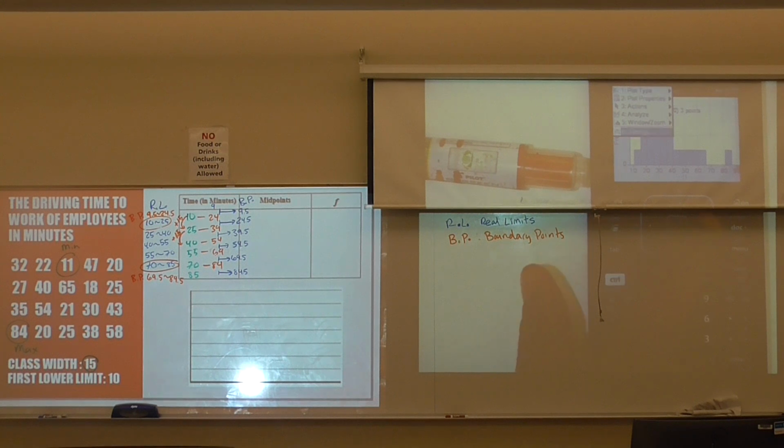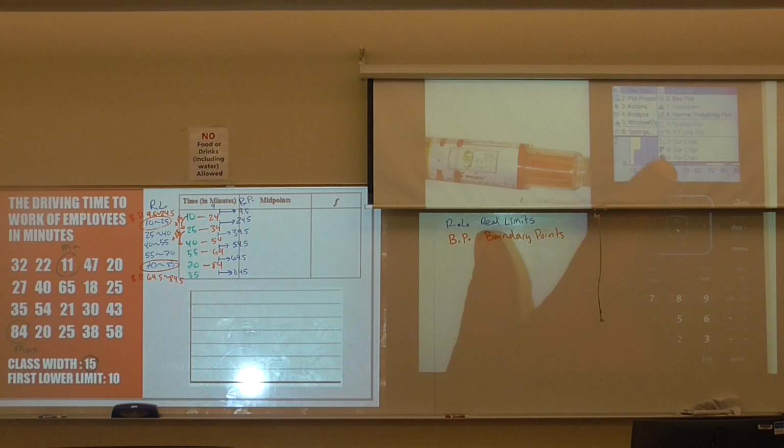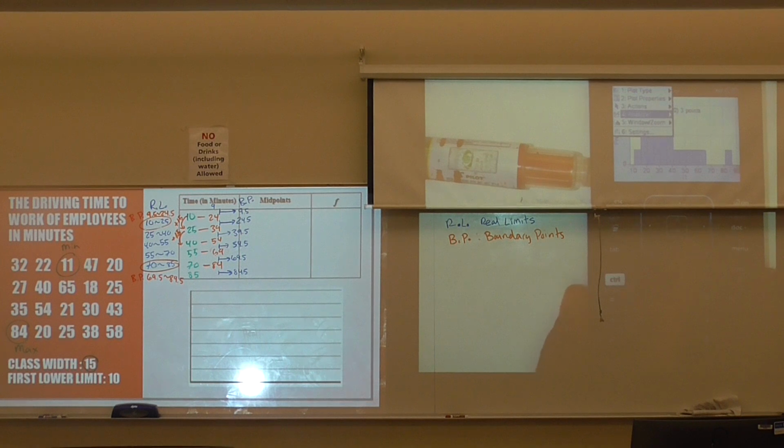If I go to plot types, oh my god, I hate when I do that. That's why I always hit enter, because my finger doesn't do the right thing. And it's not showing up here, so it might be in the wrong region. Let me escape real quick and see where, oh, there it is, it's under analyze.